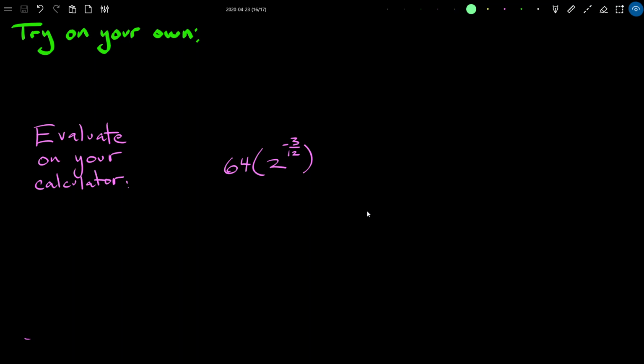This last example I put up here, honestly, is just to see if you know how to type things in your calculator correctly. Because, well, at this point, all of the calculators are set up differently. And if you're dealing with rational powers, it'd be a good thing for you to know how to type in. So here's one that I would like you to pause the video, type it in whatever calculator you have, just to see if you can figure out the answer.